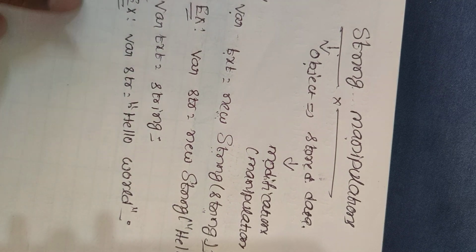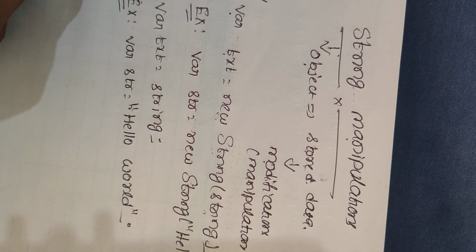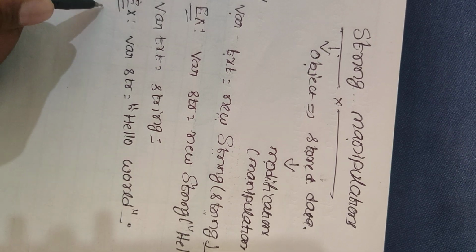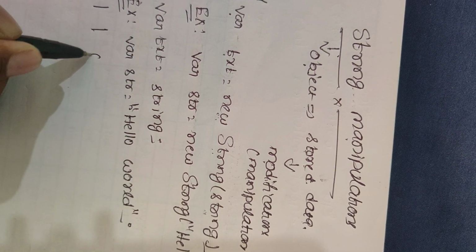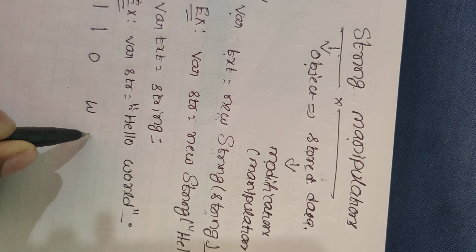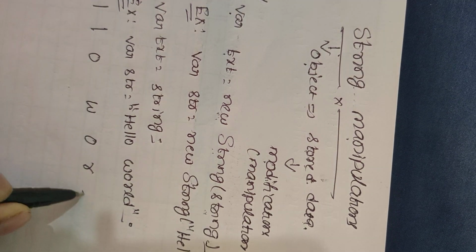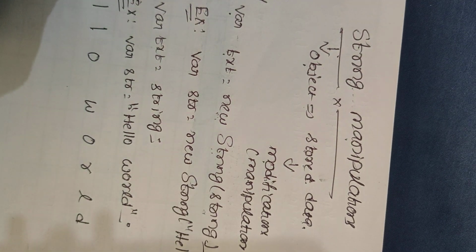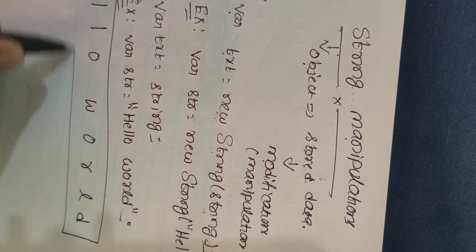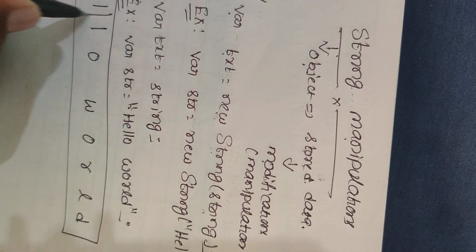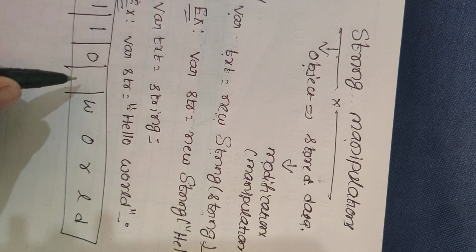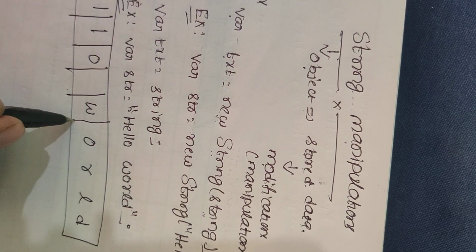So how will it be stored? H E L L O, space, W O R L D, like this. This is the way of storing the data. Here white space is also allocated in some location.